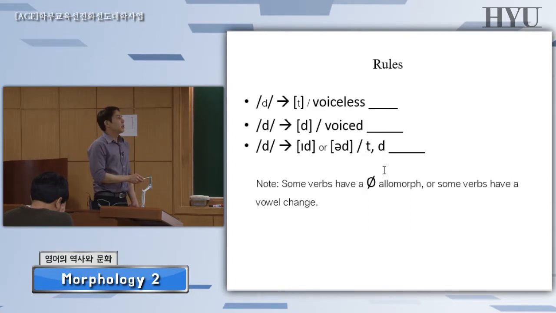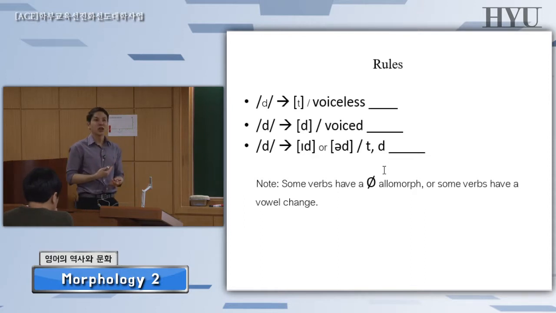The D will change to a T when it occurs after a voiceless sound: kicked, stopped, kissed. But the D will remain a D if it follows a voiced sound: loved, you loved me. Or D will change to it or ud after T or D, because you have to insert a light vowel in there for ease of pronunciation.